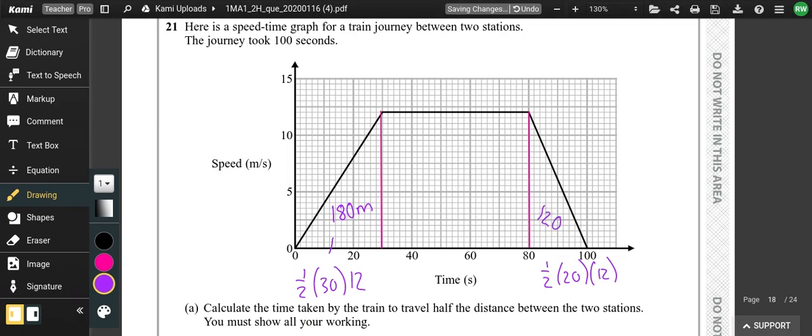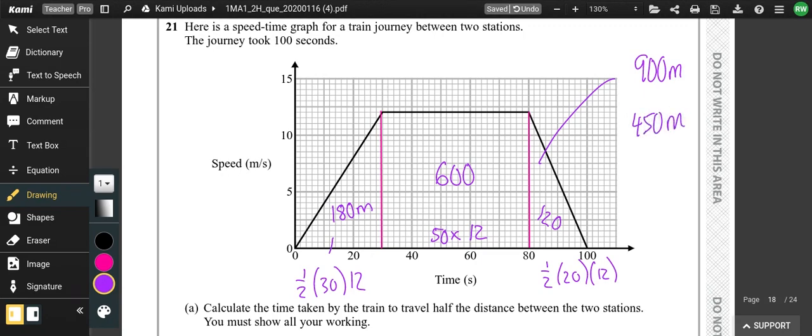And then the middle phase, the sort of rectangle here, goes from 30 to 80, so that's 50 times the height. And that would give us 600. So the total distance traveled would be 600 plus 120 plus 180, which is 900 meters. And we'd halve that to get 450 meters.